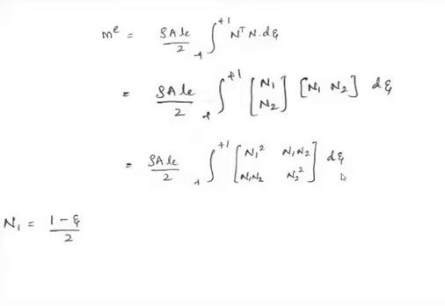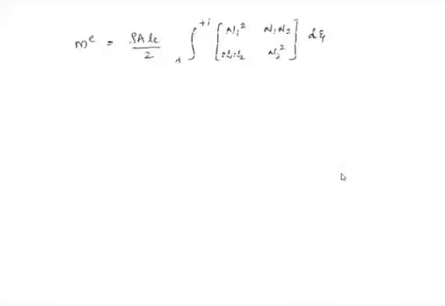The shape function for a one-dimensional element N1 is given by 1 minus zeta by 2 and N2 is 1 plus zeta by 2. Now Me is equal to rho A Le by 2 integration -1 to +1 N1 square, N1 N2, N1 N2, N2 square. Now I already know N1 is 1 minus zeta by 2.